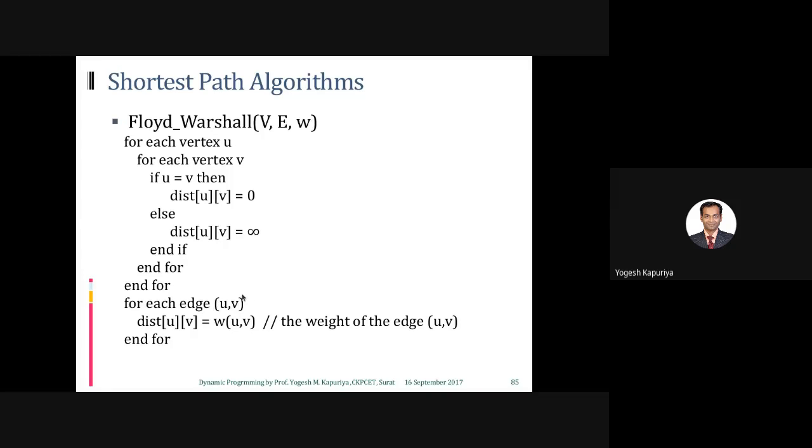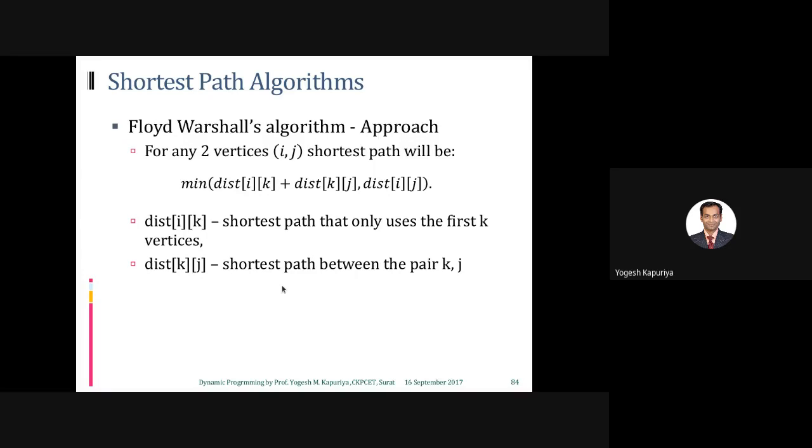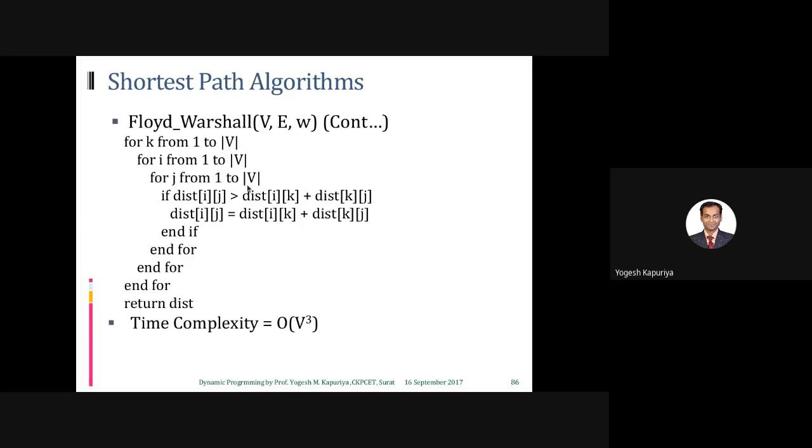Then we use the weight of the edge and apply it on the distance matrix, so that will be changed accordingly. And then for intermediate vertices we are optimizing that distance matrix, repeating this process v times, and at the end you will get the shortest path between every pair of vertices using this algorithm given by Floyd Warshall.